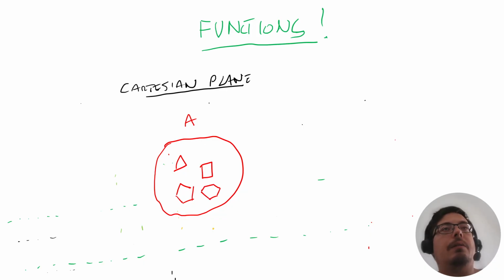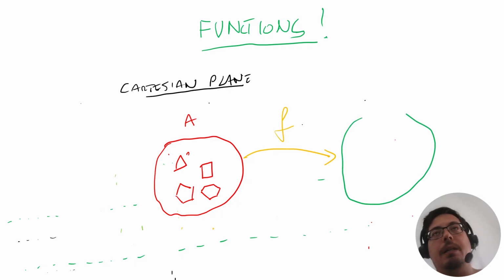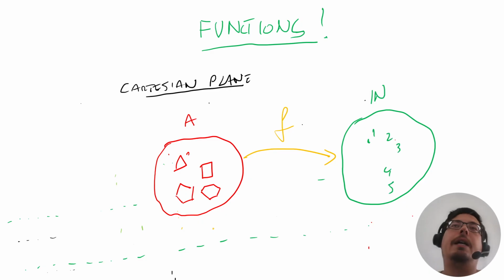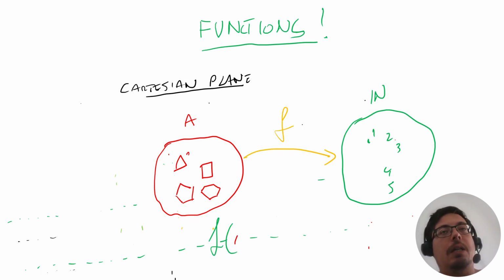This is a triangle, this is a square, pentagon, hexagon, whatever. And the function f returns, for each shape, the number of edges that it has. For each shape, you can count the number of edges.